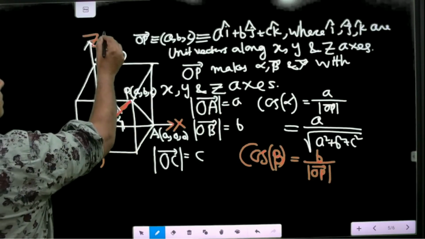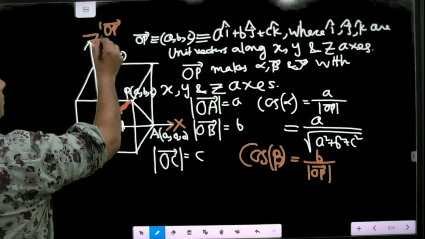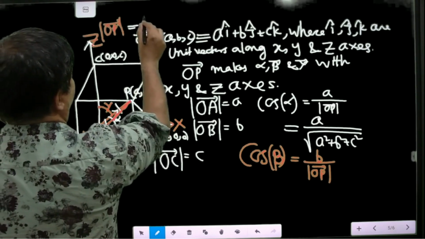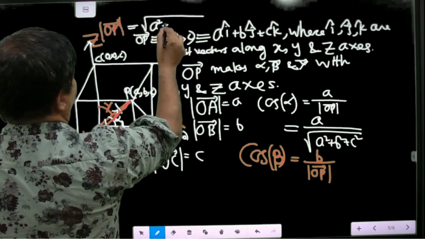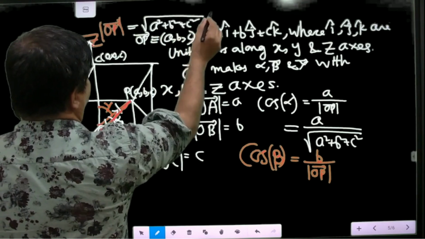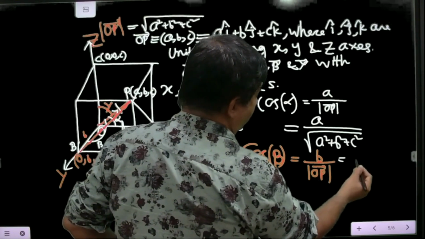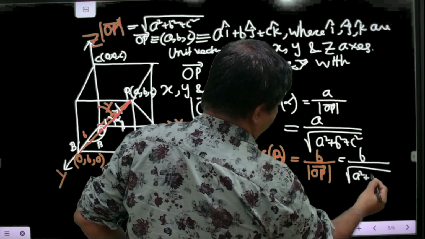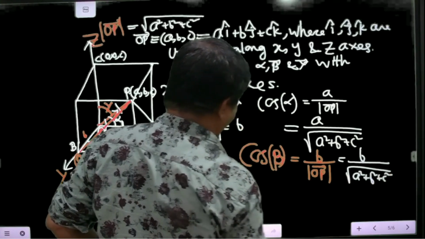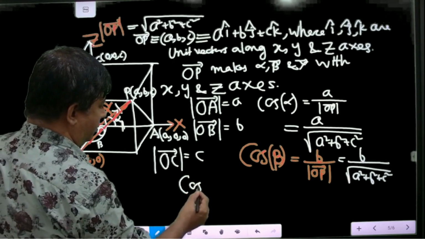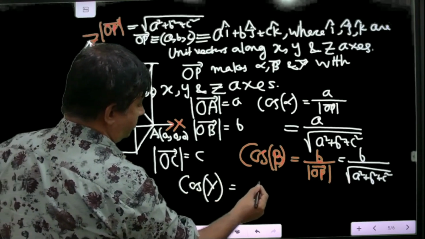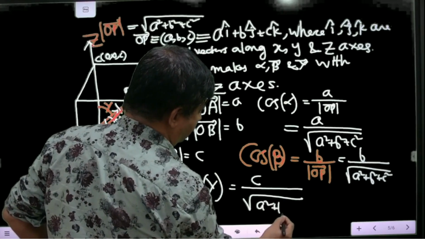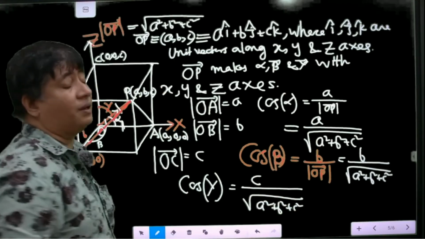Magnitude OP means diagonal. Cos gamma. C by root A square plus B square plus C square.